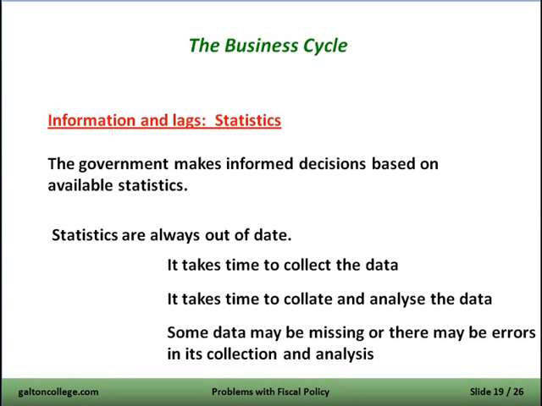It takes time to collate and analyze the data. And even when you've done that, you might find some data is missing, or there might be errors in the collection. Indeed, the techniques used for analyzing the data may be inappropriate. So there are all sorts of issues in terms of the types of lags that are occurring with the data.